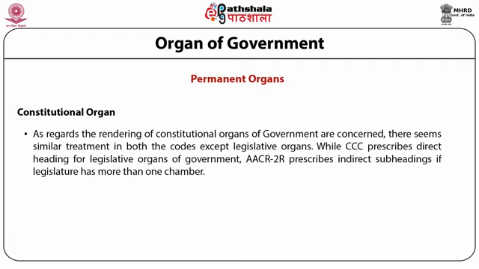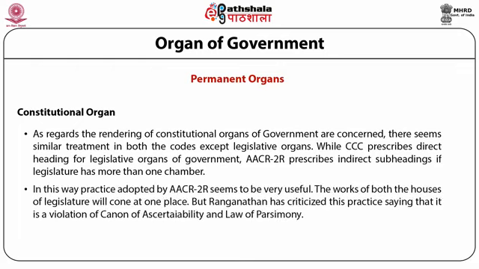As regards the rendering of constitutional organs of government, there seems to be similar treatment in both codes except for legislative organs. While CCC prescribes direct heading for legislative organs of government, AACR2R prescribes indirect subheadings if the legislature has more than one chamber. In this way, the practice adopted by AACR2R seems to be very useful.